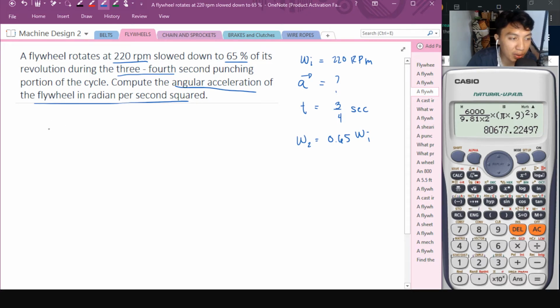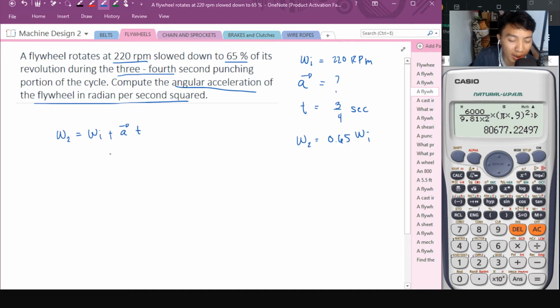How will we find yung angular acceleration? Di ba meron tayong formula dyan pagdating ng dynamics, balikan nyo yun, yung mga videos na yun. So, pwede nating makuha omega 2 equal to omega 1 plus angular acceleration multiply to time. Wala tayong angular acceleration.